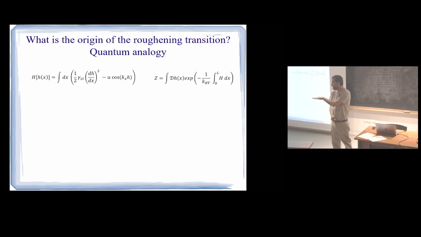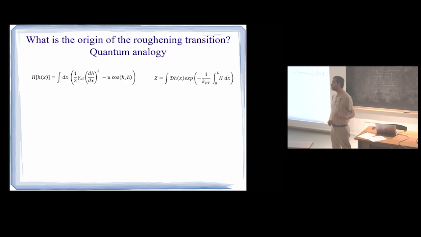The low temperature state is just a flat surface. But as I increase temperature, I can get all sorts of different realizations of the surface. For each realization of the surface, I have one function h. And for each such function, I put it into this Hamiltonian and I get the free energy cost.